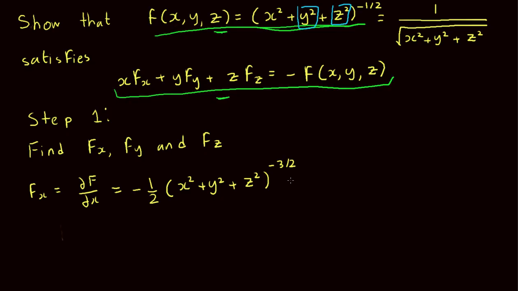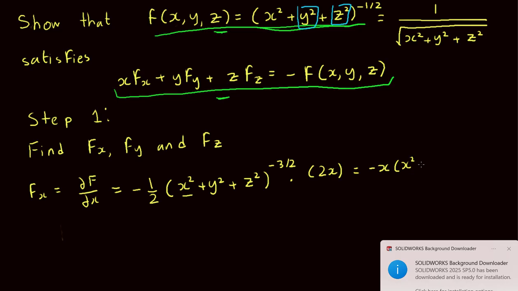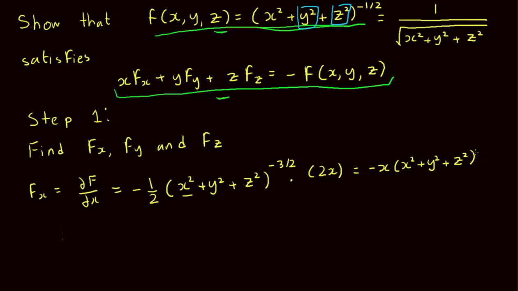And remember, don't forget your chain rule. You have to differentiate the x squared inside, which becomes 2x. If I simplify this, it's simply negative x times x squared plus y squared plus z squared to the power of negative 3 over 2.